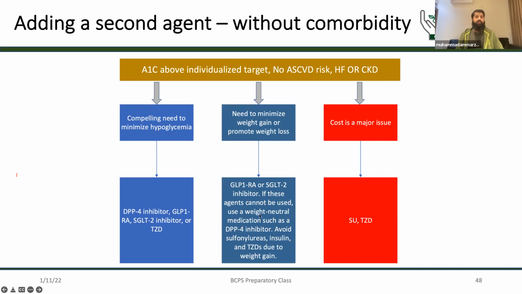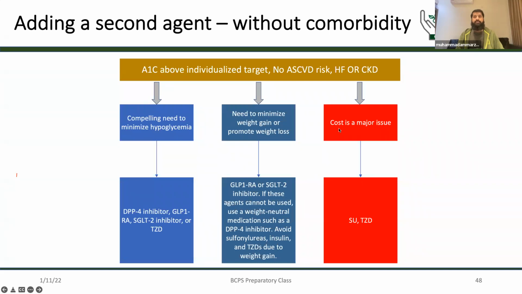If you want a weight neutral medication, then DPP-4 inhibitor is weight neutral. But avoid sulfonylureas, insulin, and thiazolidinediones, because these therapies increase the weight of the patient. So you should not add these.